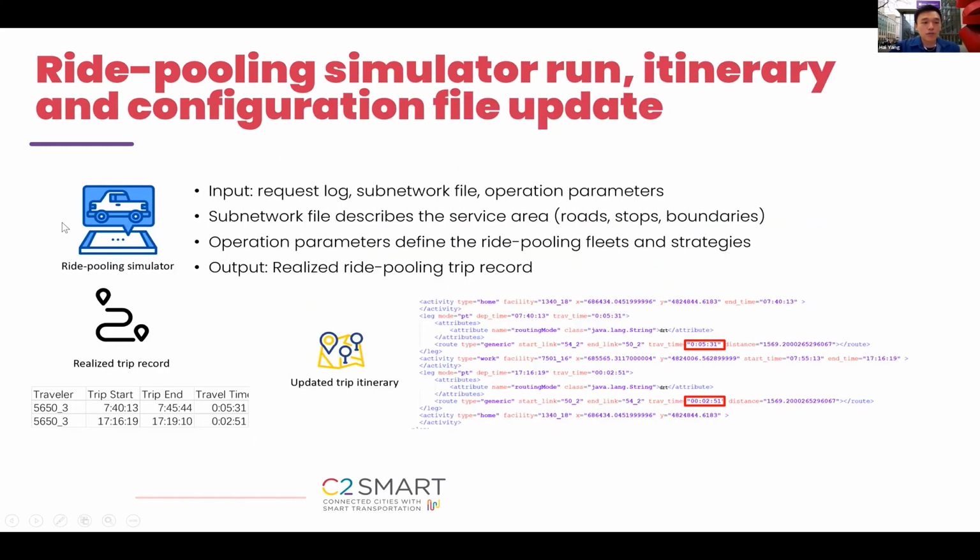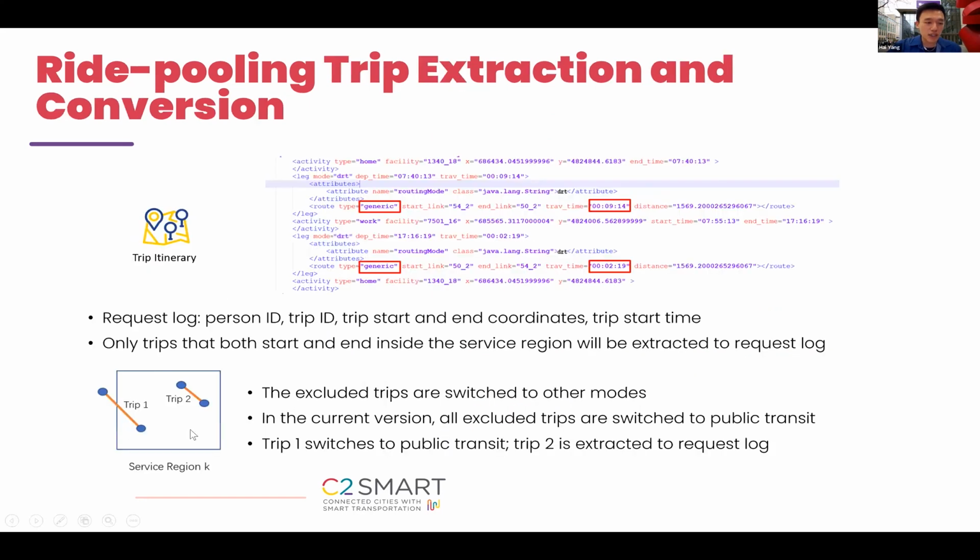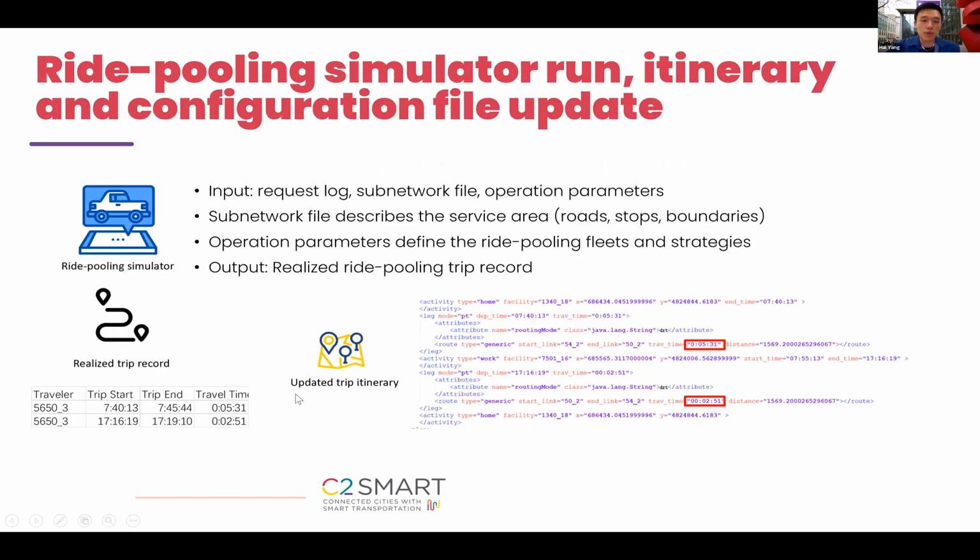So for the ride pooling simulator itself, we need to have multiple files to let it run. We need the request file, which will be generated by extracting the information from the previously generated trip itinerary. And we need to define the subnetwork file, which defines the service area that I briefly mentioned here. If that service will be provided in a specific region, and with stops, some services we can define as a door-to-door service, and some of them will be more like a stop-based service.